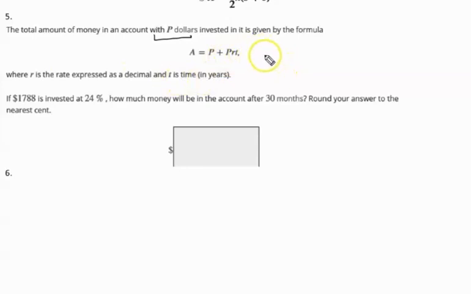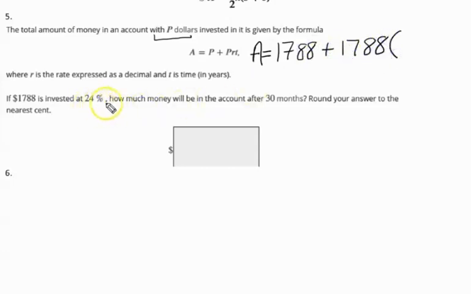So let's set this up together, then we'll give you a chance to work it. So A will equal 1788 plus 1788.